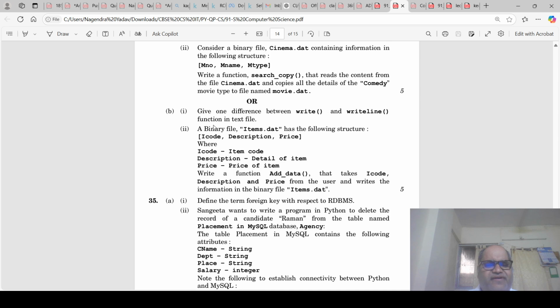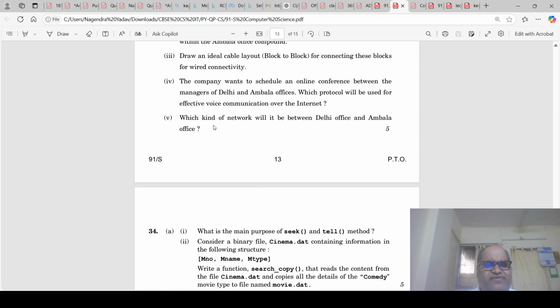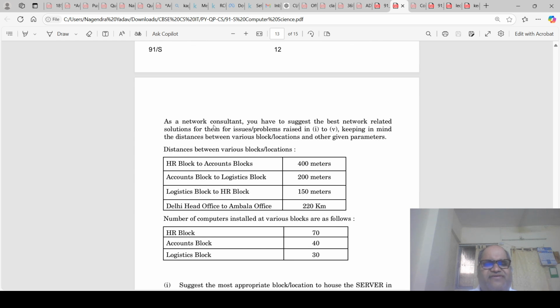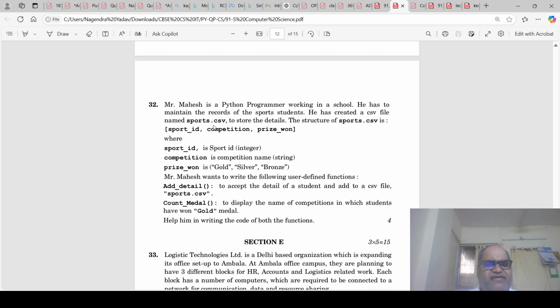Between SQL and Python-related programming skills, that covers the bulk of your scoring area.